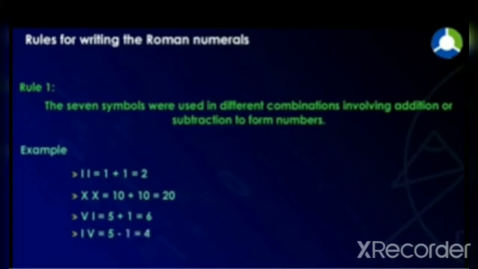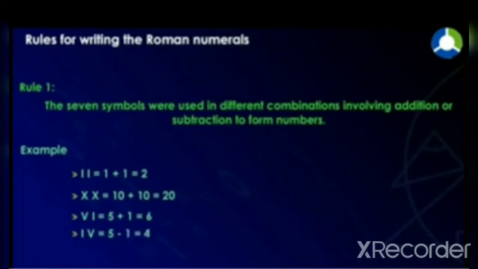On the other hand, a Roman numeral of smaller value written on the left hand side of a Roman numeral of greater value is subtracted from the numeral of greater value. For example, IV.